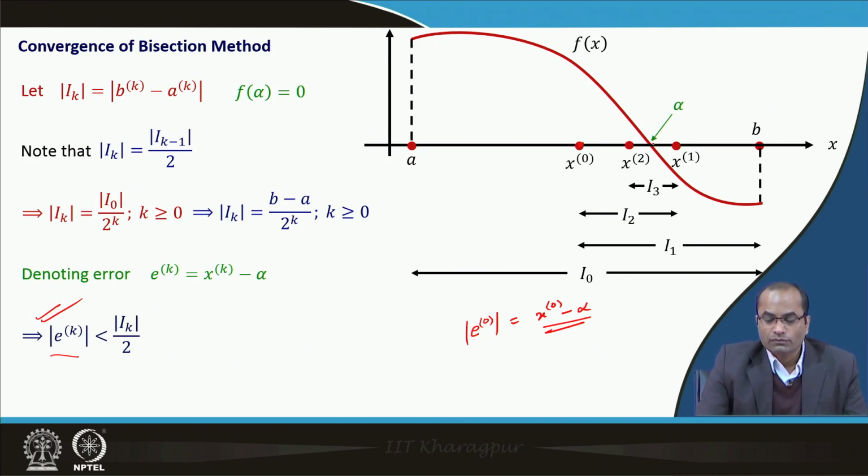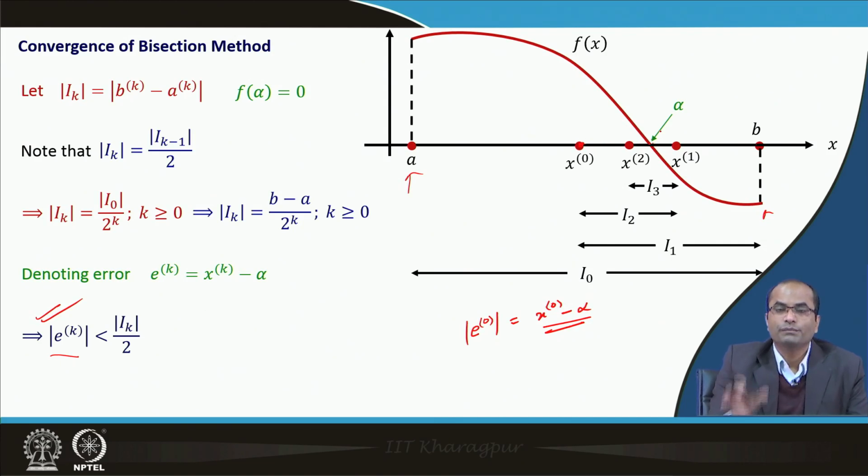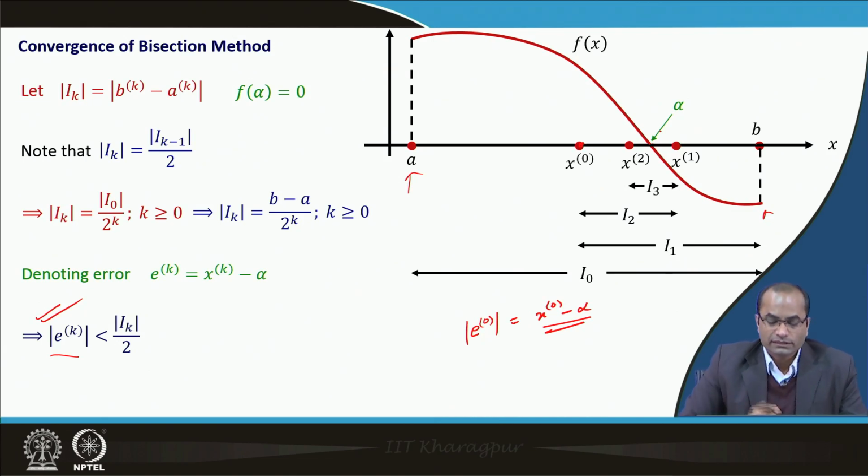This x naught minus alpha must be less than half of the interval I naught, because I naught was from there to there, x naught was the middle point, and we know that somewhere in this interval a to b the root lies. So, definitely the difference between x naught and alpha will be less than half of the interval length.